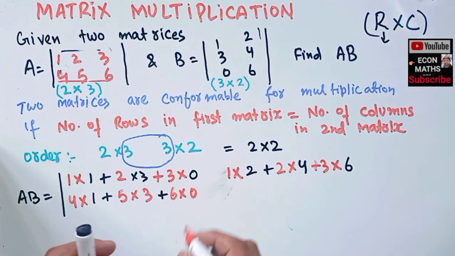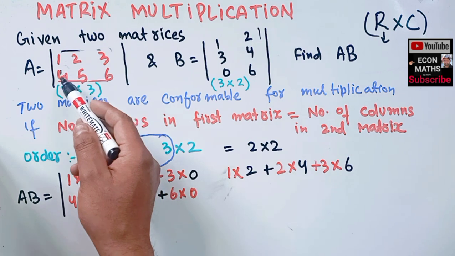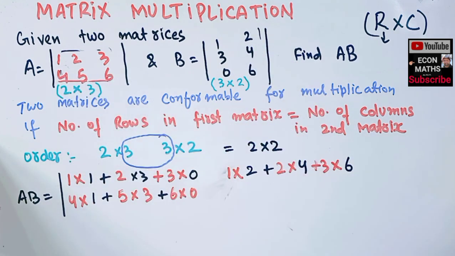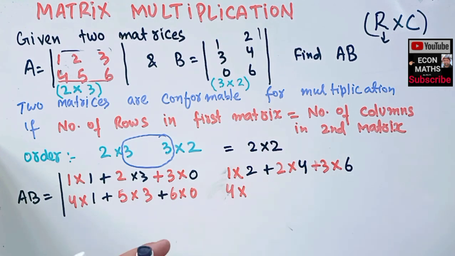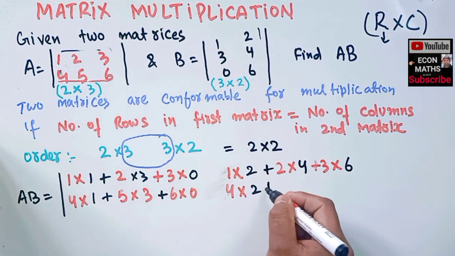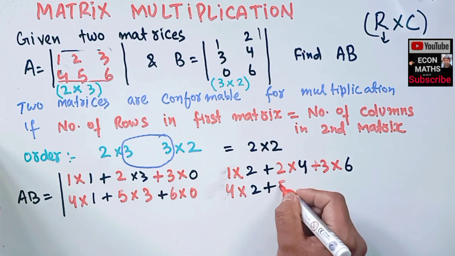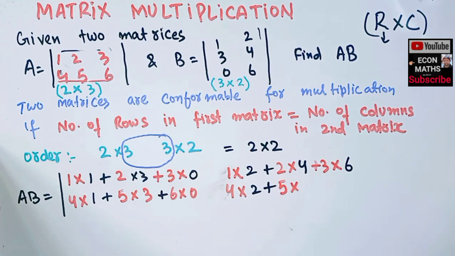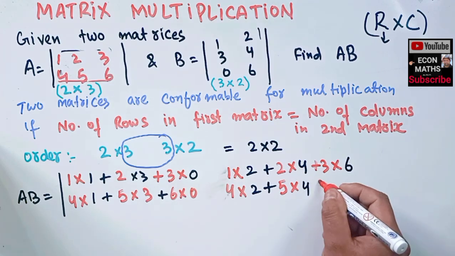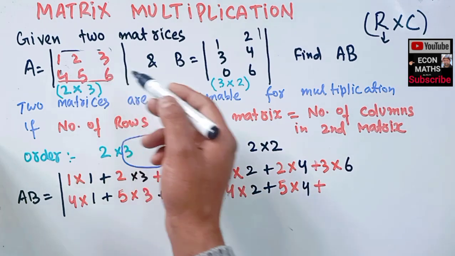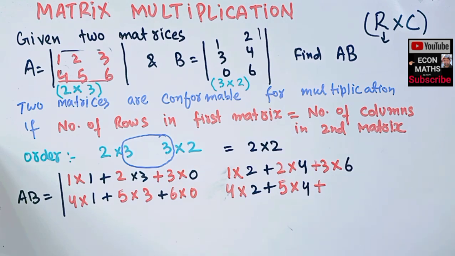After that, again we multiply this row with this column. So again we have 4 into 2, plus 5 into 4, plus 6 into 6.